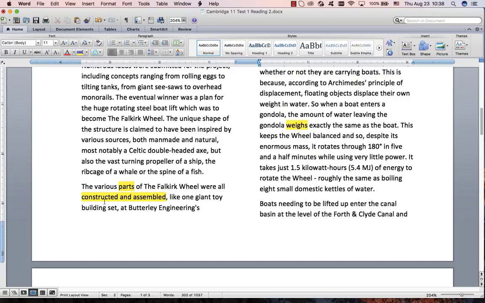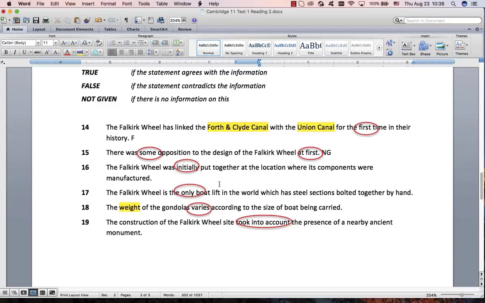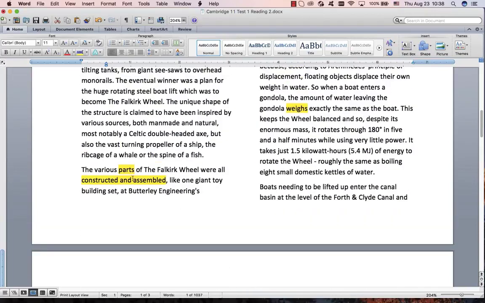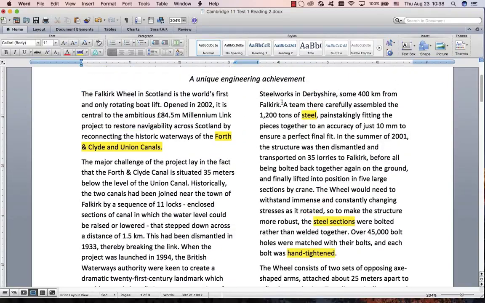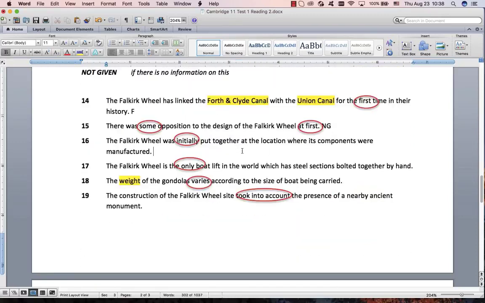So what they're focusing on here really is this. The put together means assemble. This is a very difficult one for me. They made these parts and then they put them together at the same place. Was it at the same place or not? And this says yes. They made the parts and they put them together at this place. Not much I can tell you there. You just needed to make sure you were on the right sentence and hopefully the vocabulary you understood. It was a very difficult one.